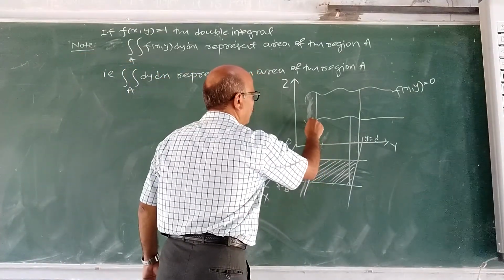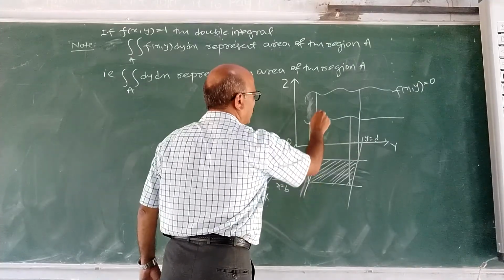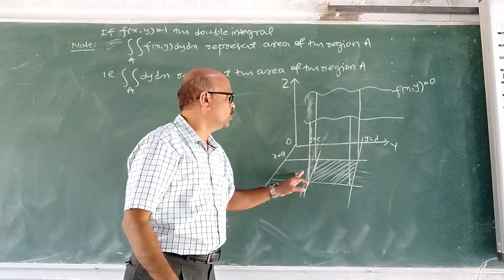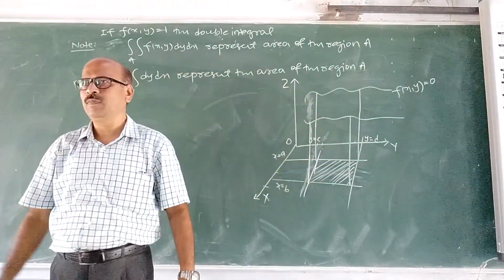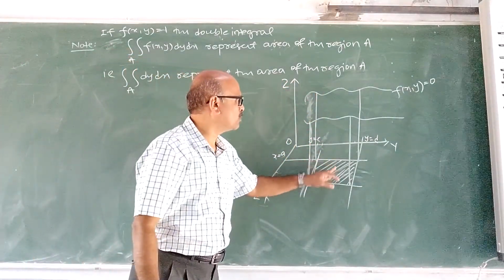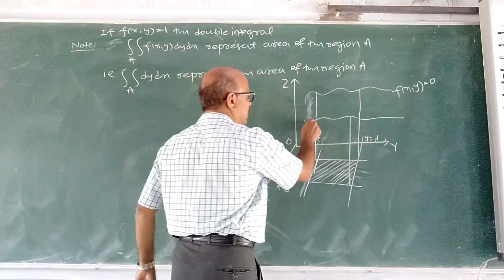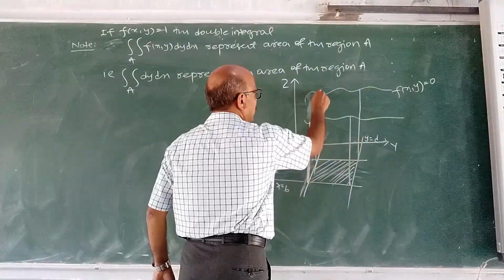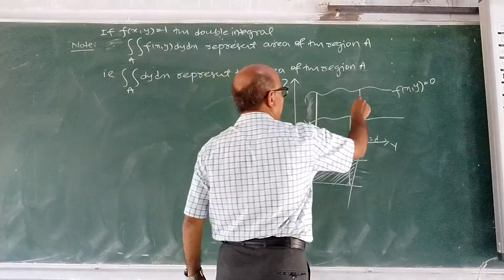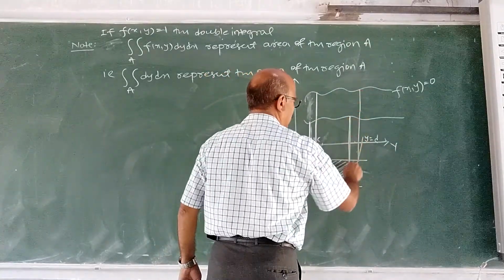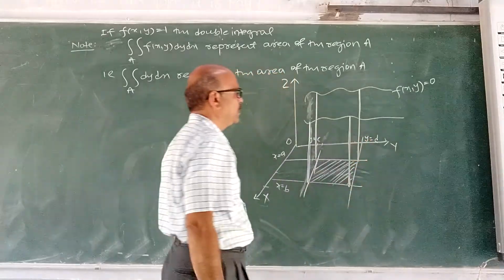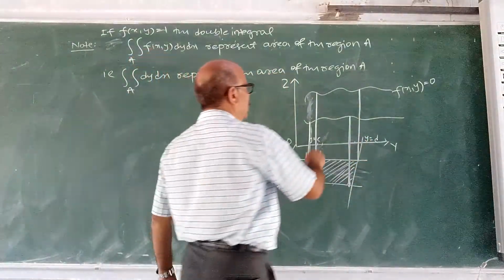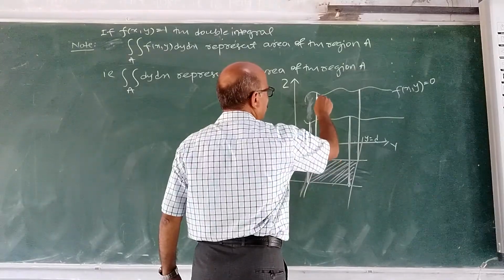Now I have drawn straight lines perpendicular from the xy plane to this surface. What are they? Four lines. This is the first one, second, third, and fourth one. Now, this contains some volume.